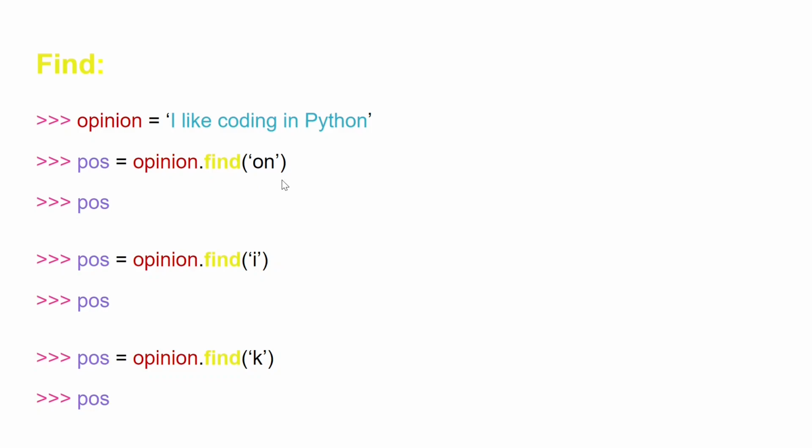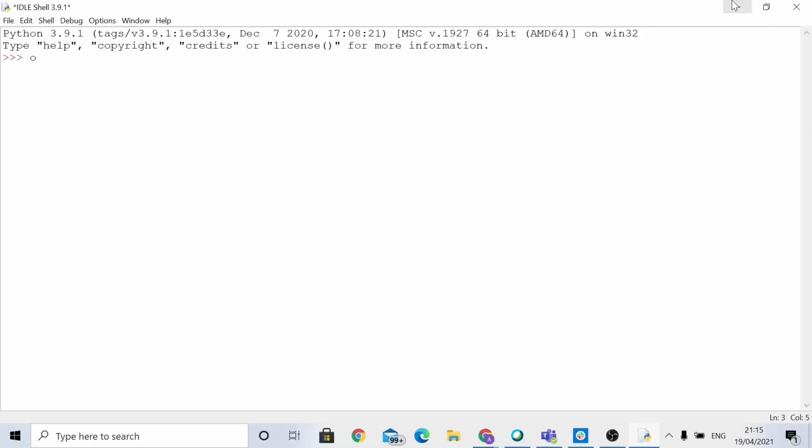Since it is a string, it's enclosed by quotes on both sides. And then we can print our variable out, and it's going to find the index of the characters that you write here in our opinion variable's value, "I like coding in Python". So let's try this out in the IDLE shell.